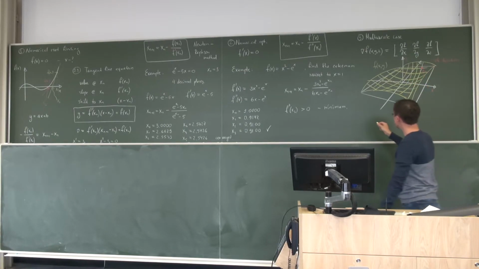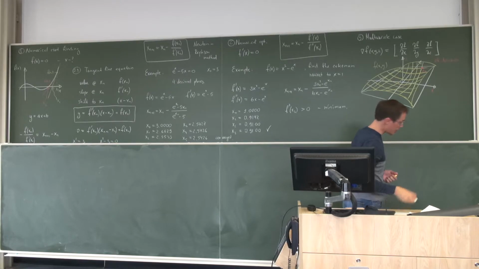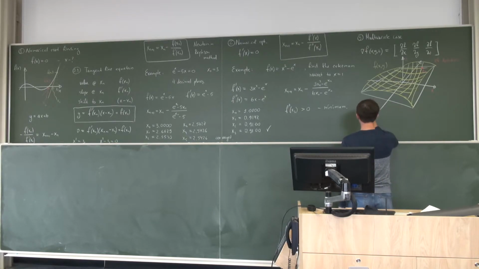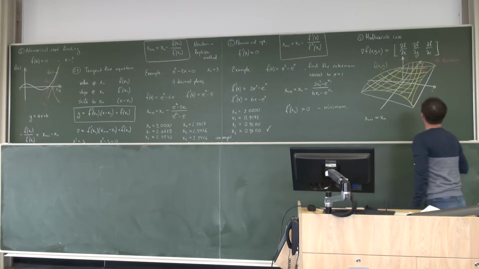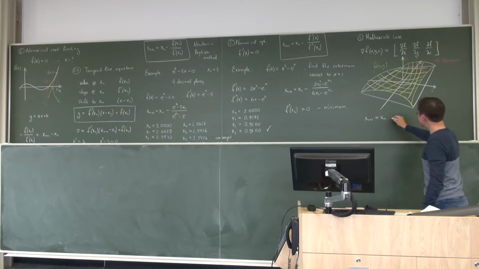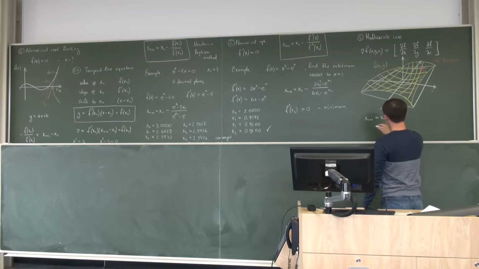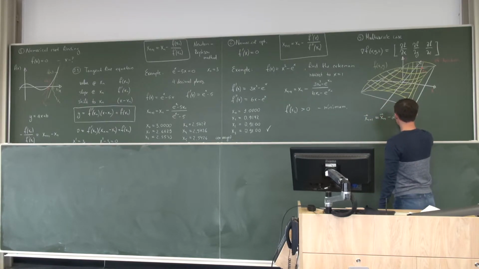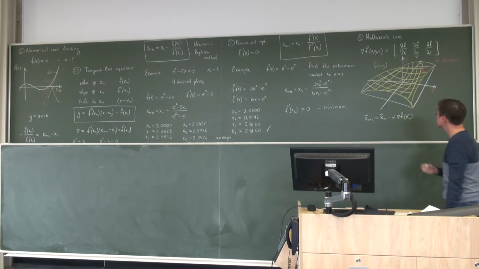So we can say, okay, our x n plus 1 will be x n, which is shifted down the gradient. So we subtract a little bit of the gradient. So this will be a vector alpha times the gradient of f, where x is, let's say, x, y, z, and so on.